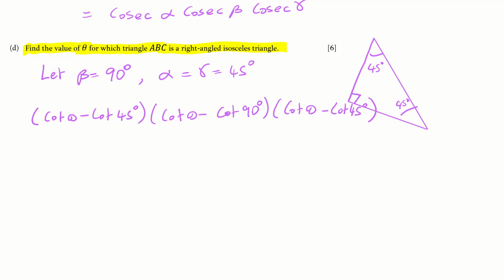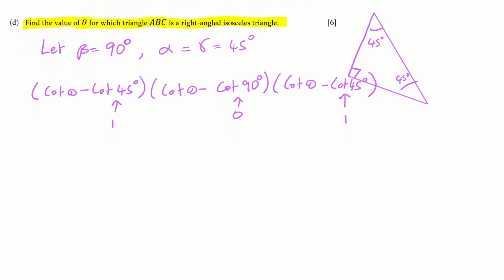Now, cot 45 is 1, and cot 90 is 0, because tan 90, remember, is undefined. So that becomes cot theta take away 1 squared, and that needs to be equal to 2.